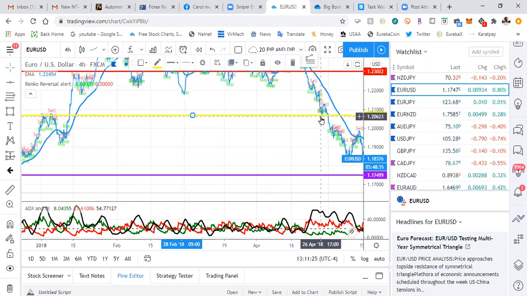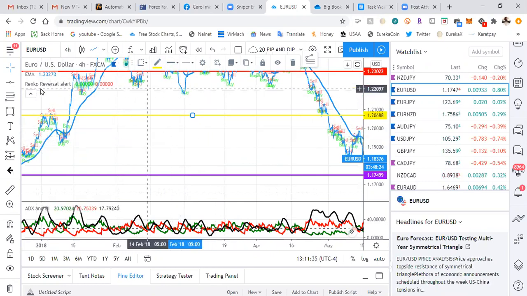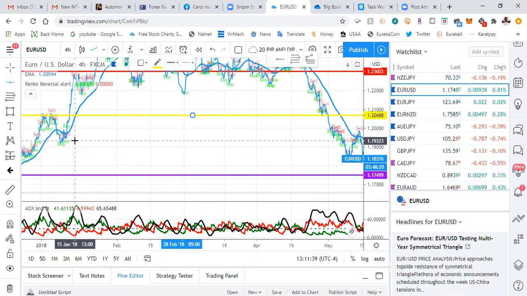Got our floor. We got our ceiling. And let's find us another one. All right. I think I like that area.